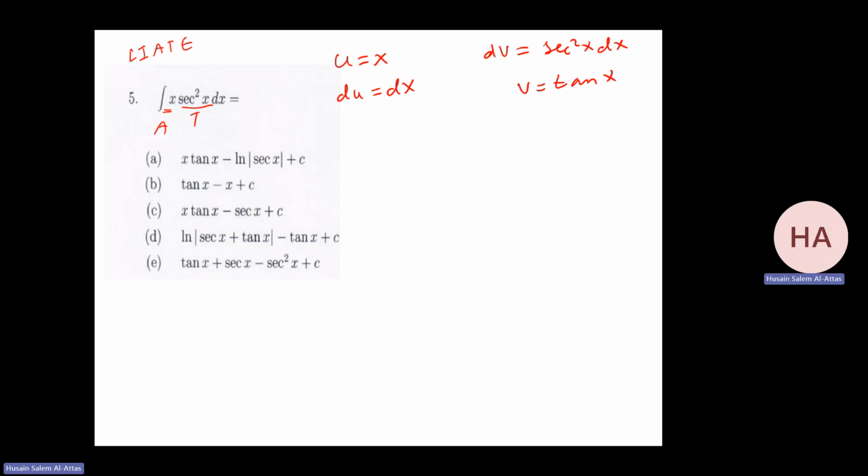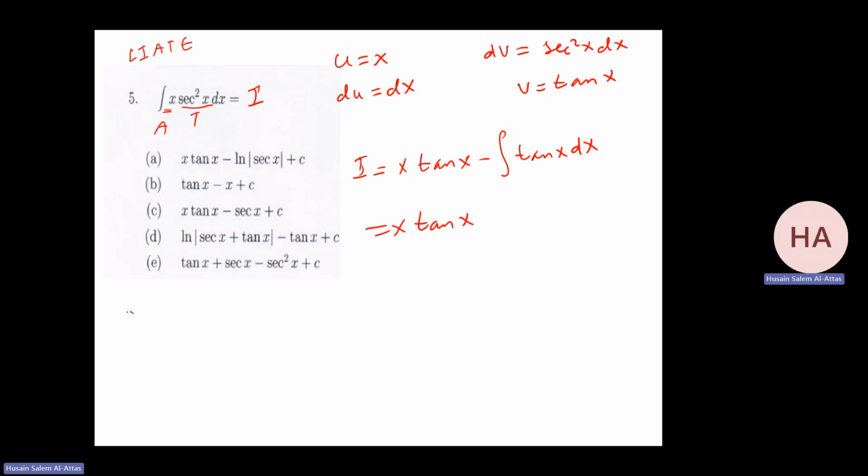Yeah, I think this is an easy one. Then I equal uv, x tan x minus the integral of tan x dx. That will be x tan x.